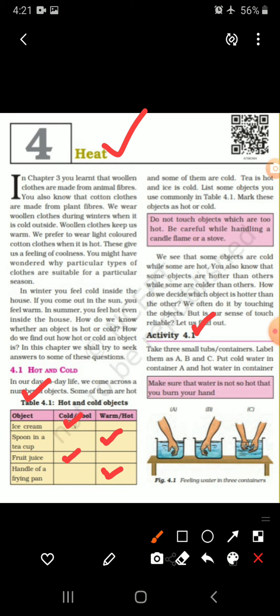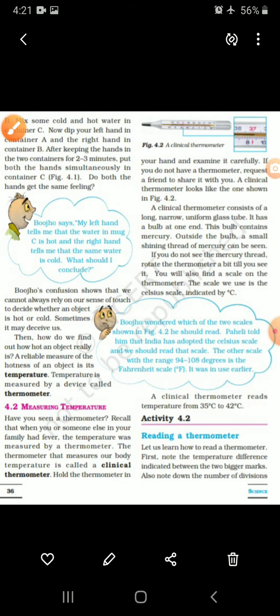In the first container, you have to add hot water and label this container as A. Now take cold water in B and mix the water in container C. You have to check by dipping your hands into the containers. You can check whether it is hot or cold or any other change.